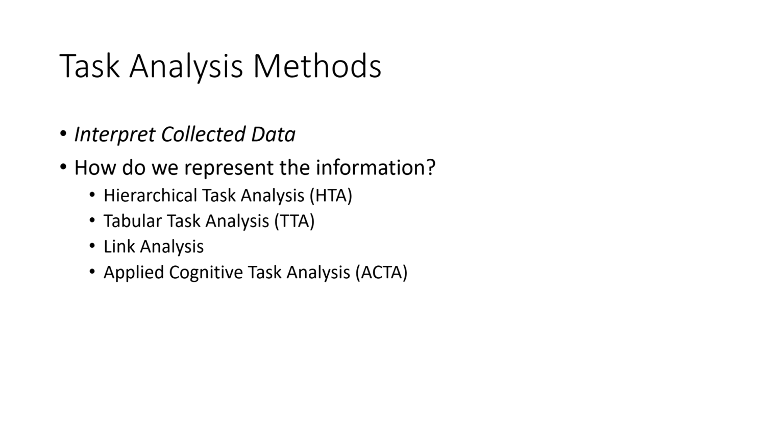So you could look at hierarchical task analysis. That's one method. A tabular task analysis, a totally different one. Link analysis. Applied cognitive task analysis. Sometimes you'll hear cognitive work analysis thrown in there. There's a lot of different ways to do a task analysis.